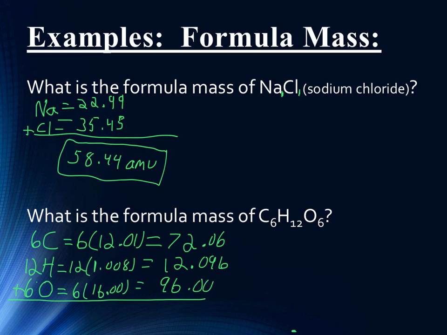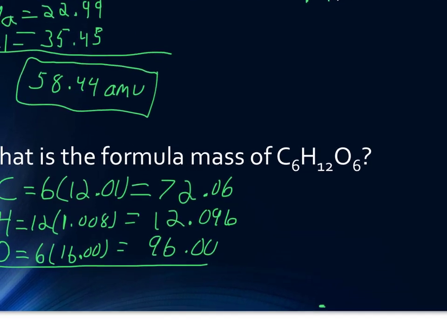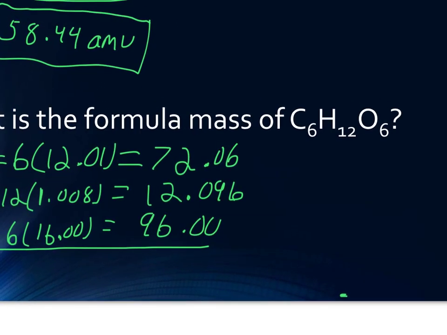All right, excuse me a second while I zoom in over here. There we go. And now what I'm going to do is add those numbers up. 72.06 plus 12.096 plus 96.00. I get 180.156.